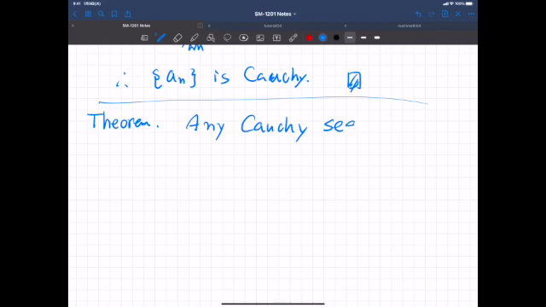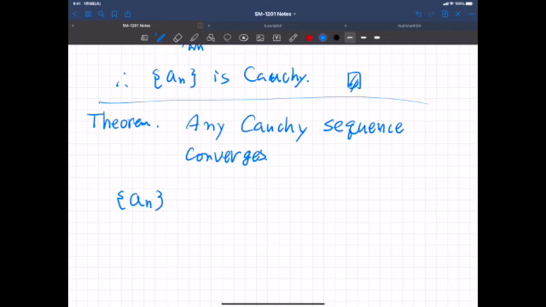Any Cauchy sequence converges. But the proof of this is beyond the scope of this lecture. So if you're interested, please find it somewhere else. So this means a sequence that is Cauchy is a convergent sequence.